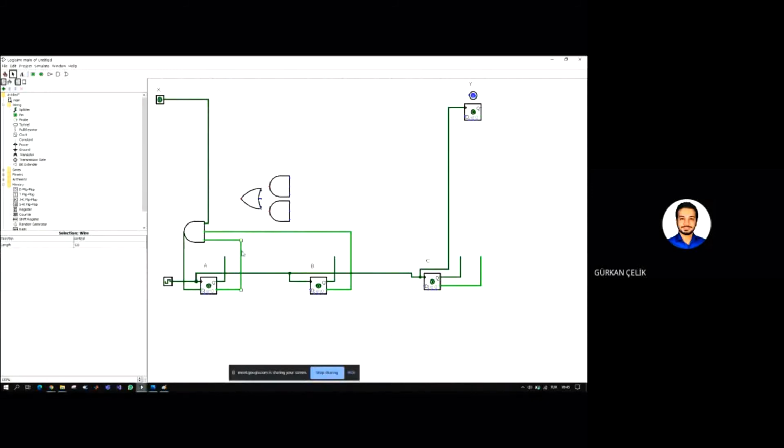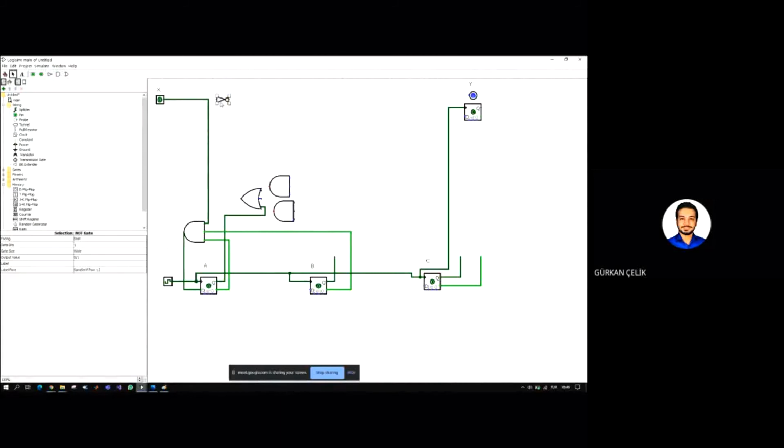So the first input of the AND should be A, C's complement. And then the other one, X's complement. So we need X's complement, right?